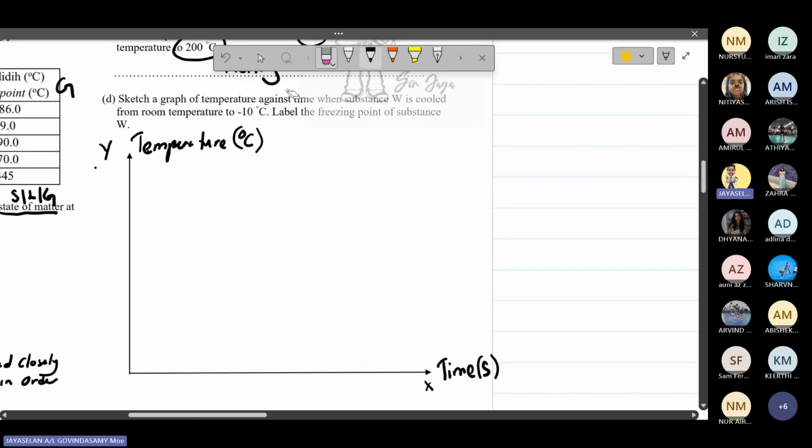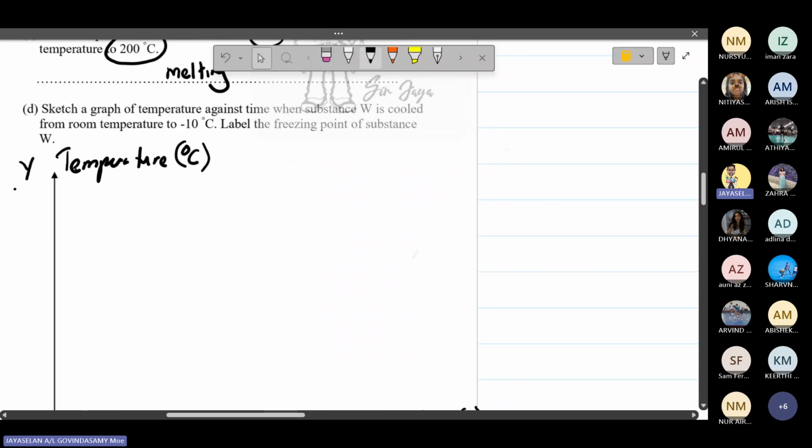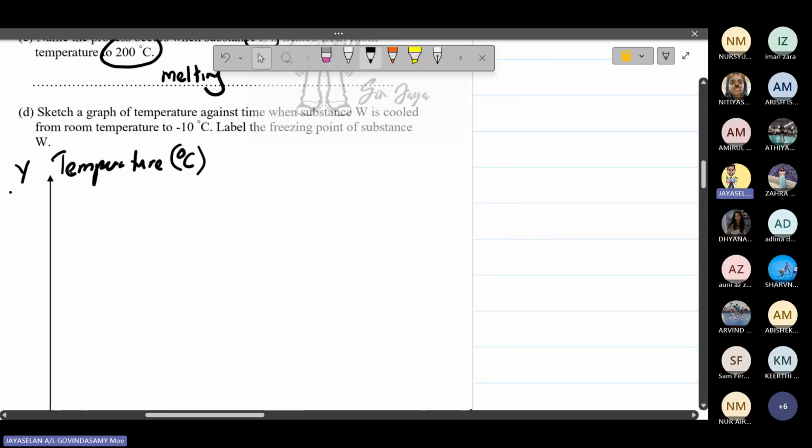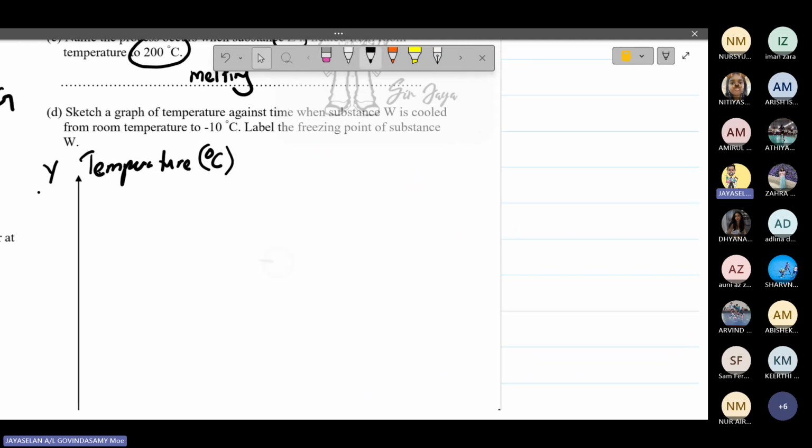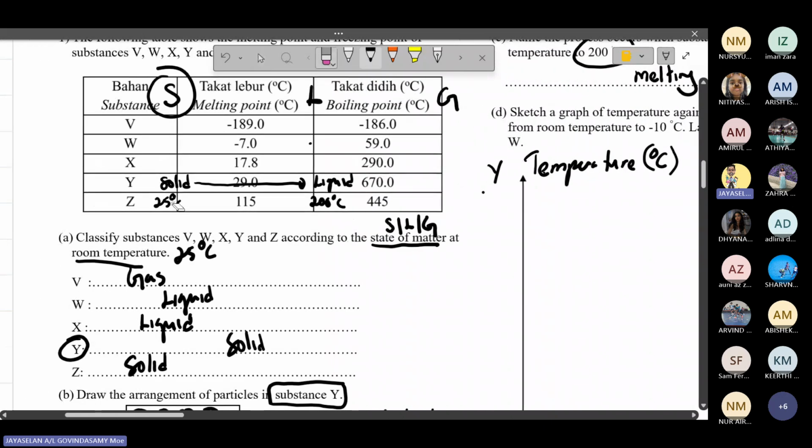Okay, now, when W is cooled from room temperature until negative 10 degrees Celsius, label the freezing point of the substance. So W, where is your W? Okay, it's a cooling process, you know.